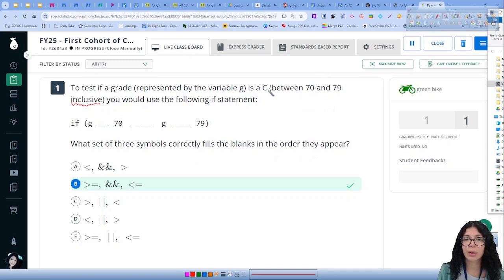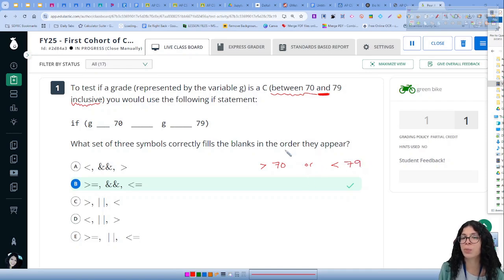So any time it's in between 2 values, you always want to use the and, okay? Which makes sense even when you read it, right? It says 70 and 79, between. So you always want to use and, because if I say, for example, greater than 70 or less than 79, this would be all numbers, right?